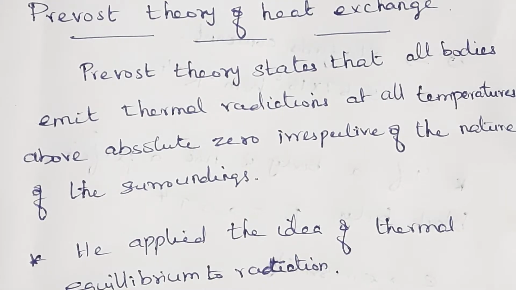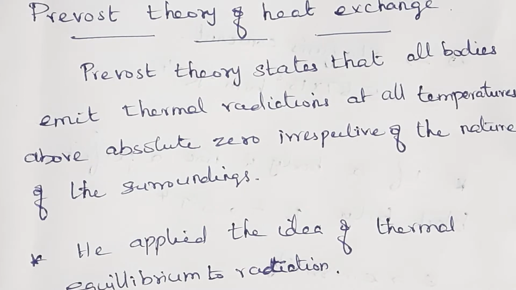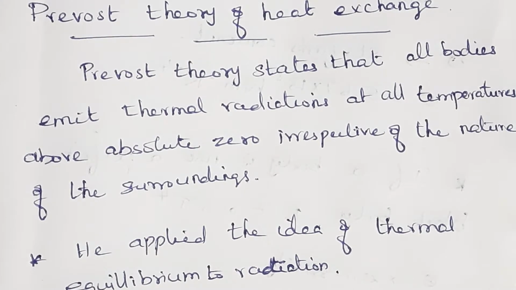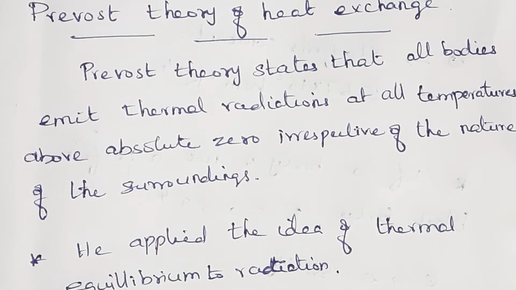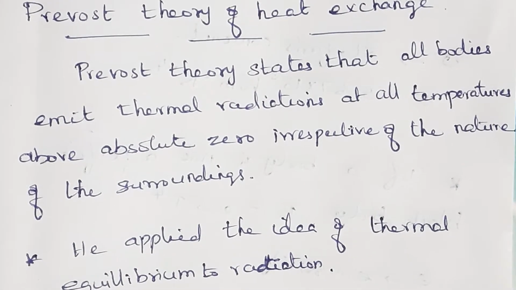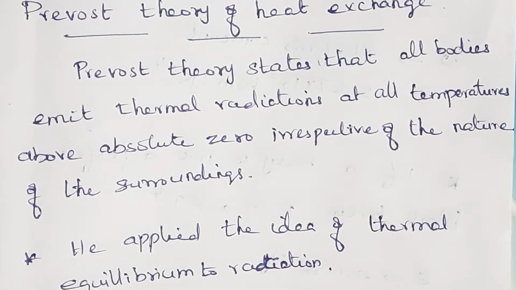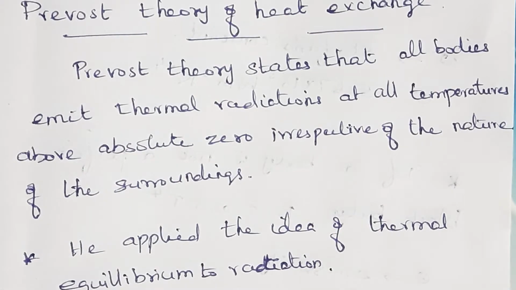Understand? Only at absolute zero temperature will a body not emit any radiation, but above absolute zero all the bodies emit thermal radiations at all temperatures. So this is about Prevost theory of heat exchange.